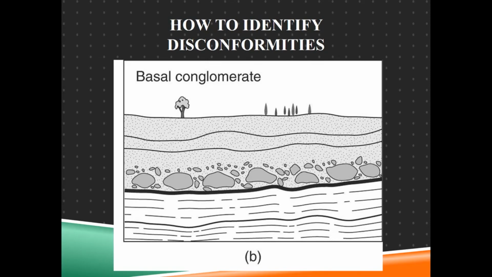This indicates that there was erosion happening, breaking up the lower level, but then it suddenly started getting buried again before all those rocks finished eroding or washed away. Therefore, you know there was erosion going on, you know time passed.